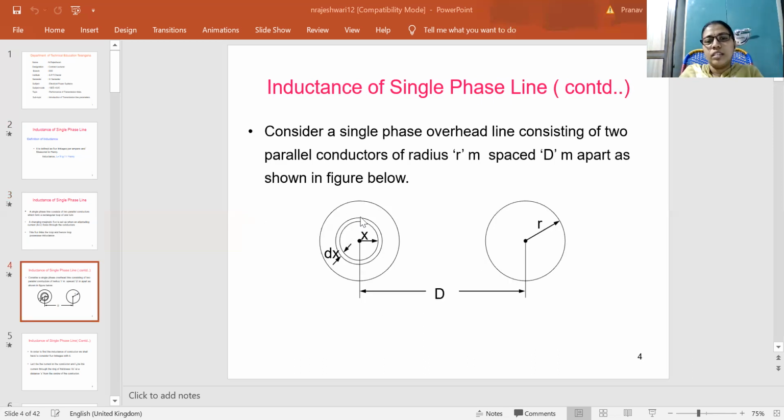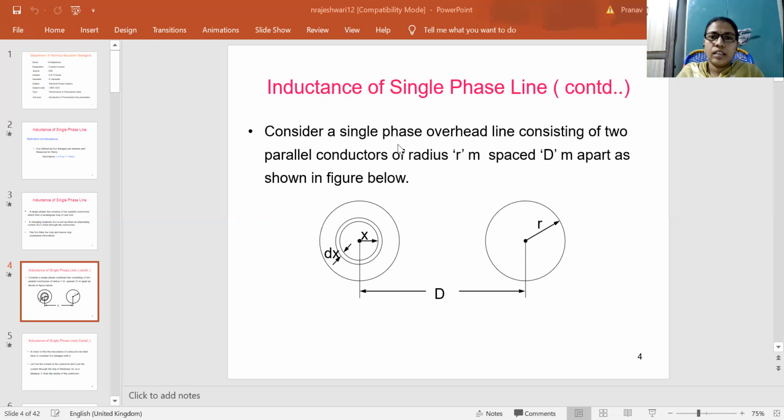Consider the two rings of radius. This radius is small r, x is the internal radius or distance, dx is the small thickness of the ring, and capital D is the distance between the two parallel conductors.